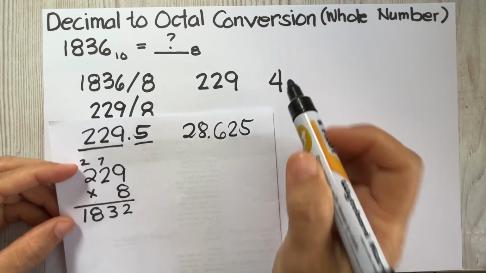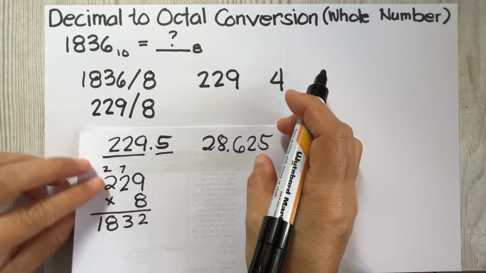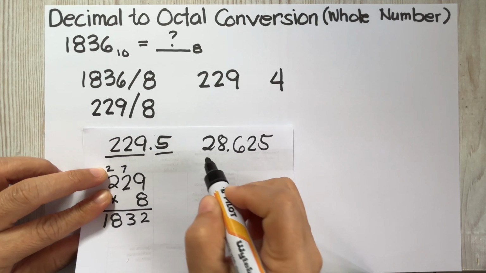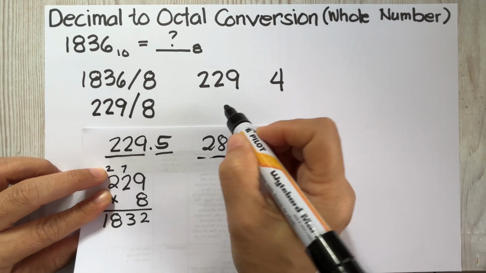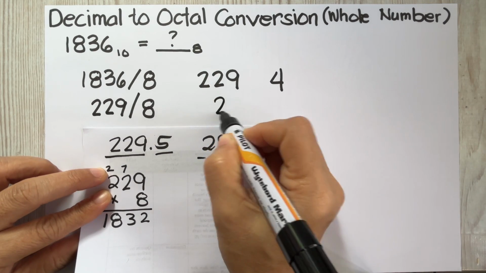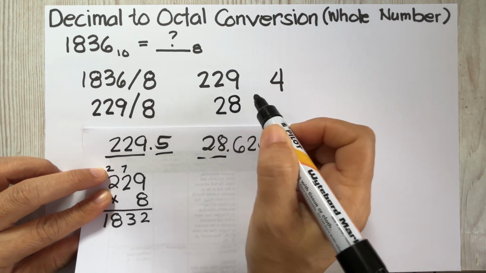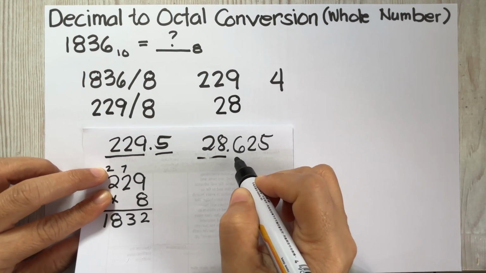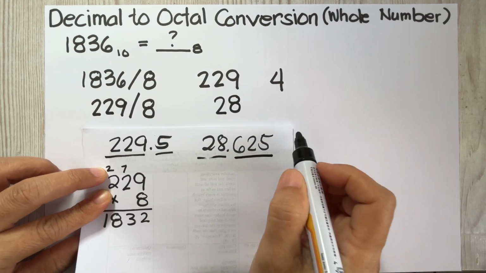As I have said before, we'll only take out the integral part, which is 28. So we will note that one here, 28. We will convert again this one into a whole number.